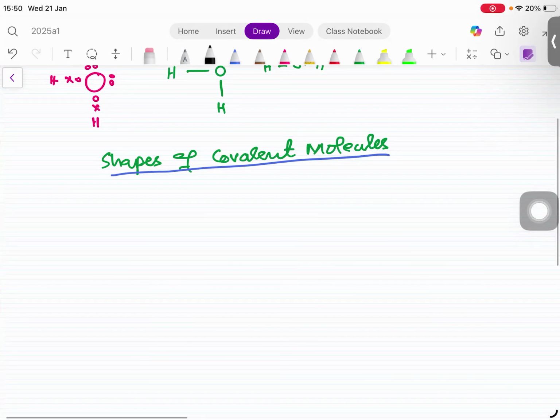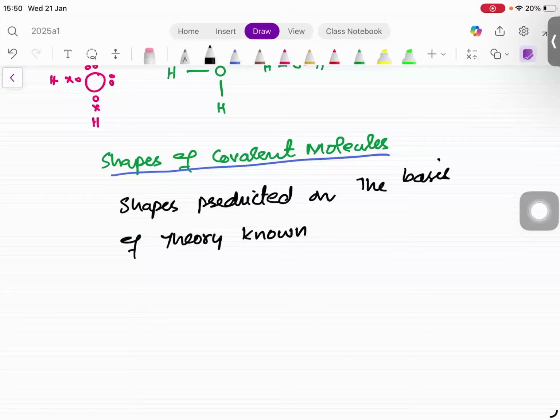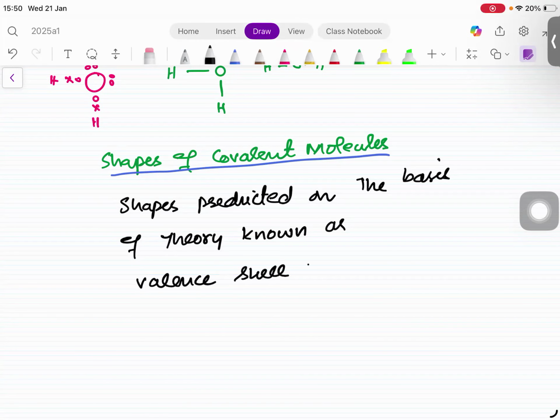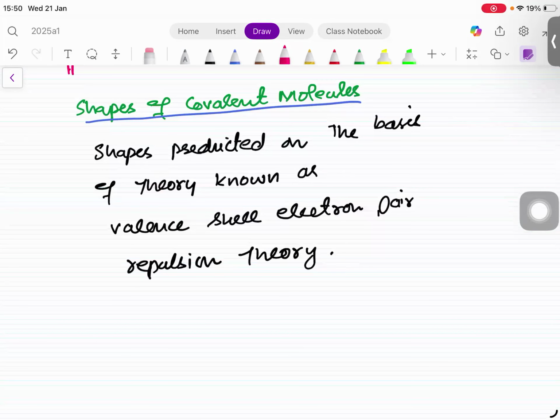Write down: the shapes are predicted on the basis of a theory known as valence shell electron pair repulsion theory. Valence shell electron pair repulsion theory, VSEPR.